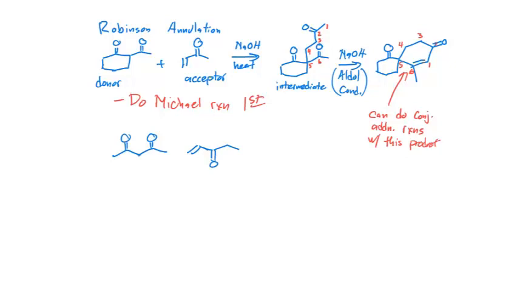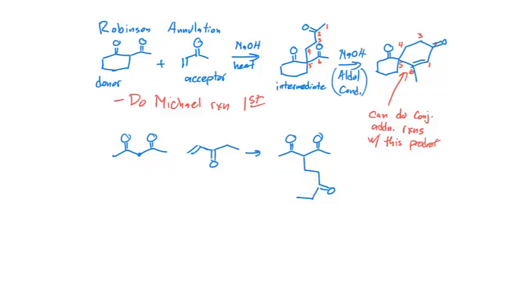So the first step would be to take this doubly alpha hydrogen, react it with the beta carbon. 1, 2, 3. And so I've made a new bond between this carbon and this carbon, that is right here. So you can see that there are 5 carbons here. That comes from my ethyl vinyl ketone.